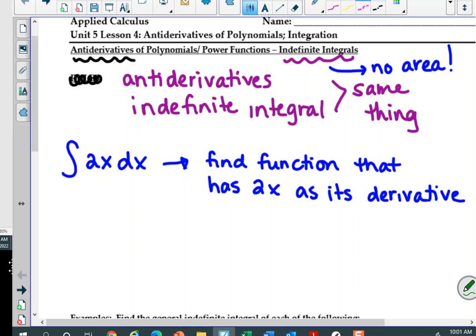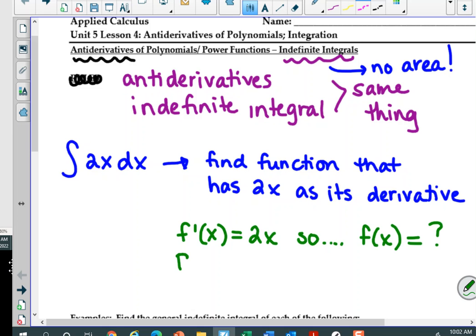Or another way to think about that is f prime of x is 2x, so f of x equals what? Everybody's favorite. We're kind of going backwards, at least backwards from what we're used to doing with derivatives. We're undoing the derivative work.